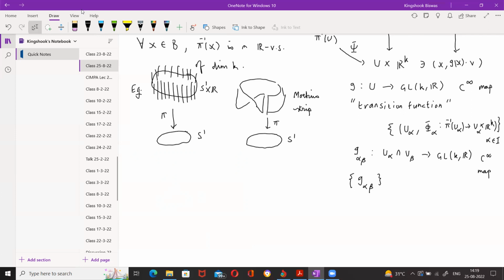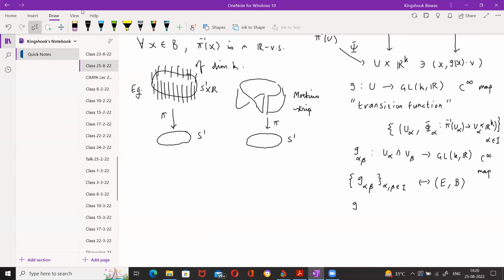You mean there are certain cocycle conditions? Right, exactly.